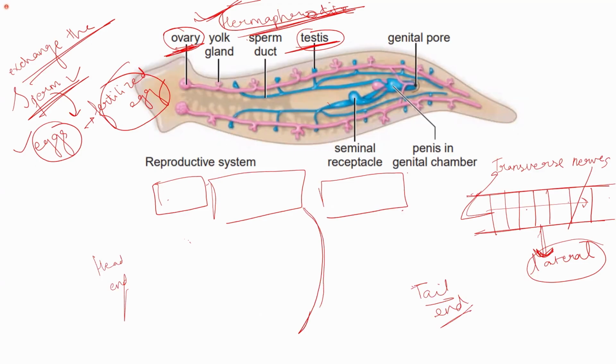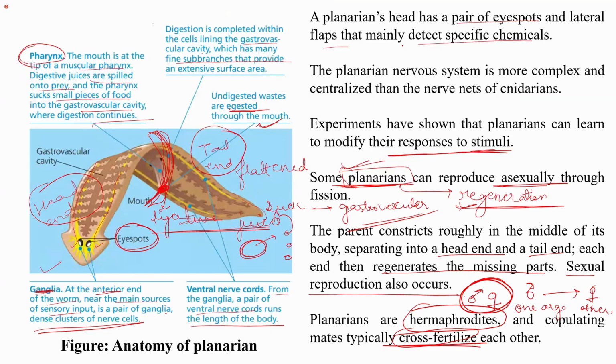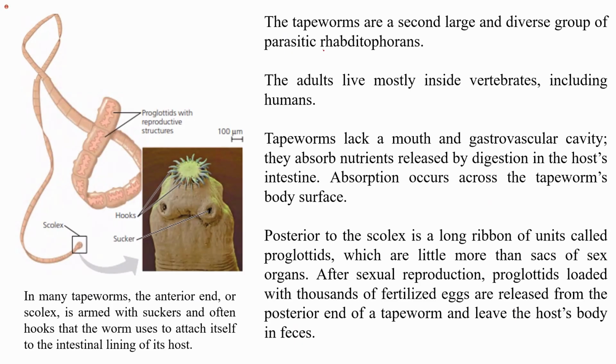The next example is the tapeworm. Tapeworms are the second largest and diverse group of parasitic rhabditophorans. So basically, they belong to the group rhabditophorans. The adult lives mostly inside vertebrates, so they are parasitic. Since they are parasitic, their structure is adapted in such a way that allows for parasitic modification.